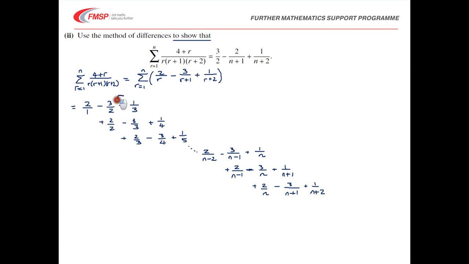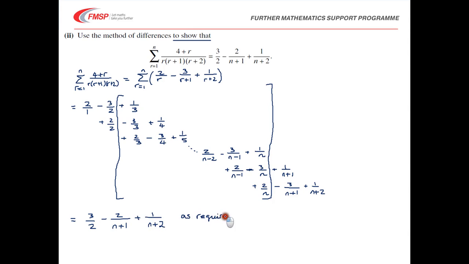And now we find that everything within these square brackets cancels out. And I'm left with 1 plus 2 minus 1.5 is 1.5, so that's 3 over 2. 1 over n plus 1 minus 3 over n plus 1 is minus 2 over n plus 1 plus 1 over n plus 2. And I don't need to do any further work because that's the result I was given, so as required.